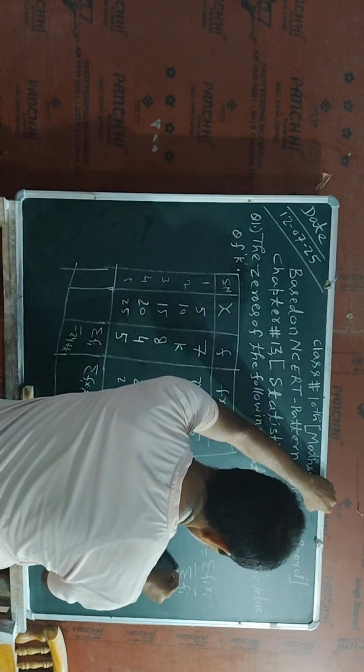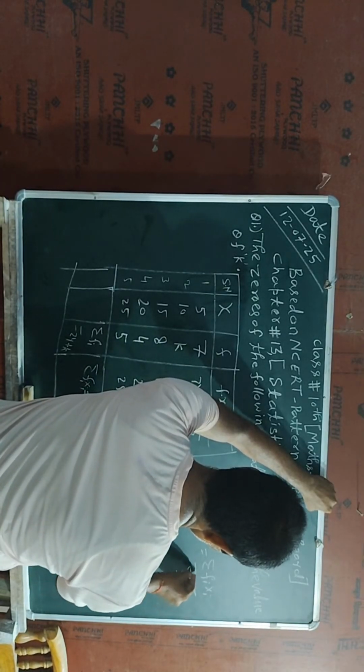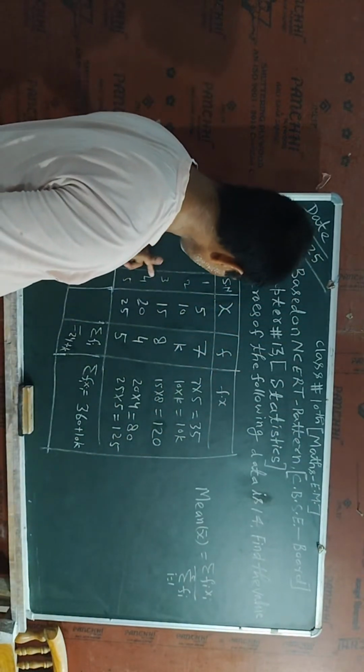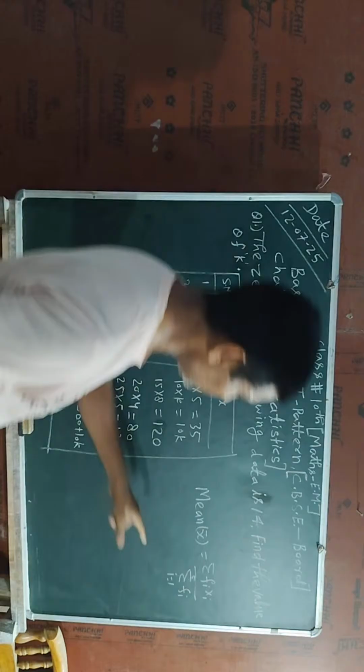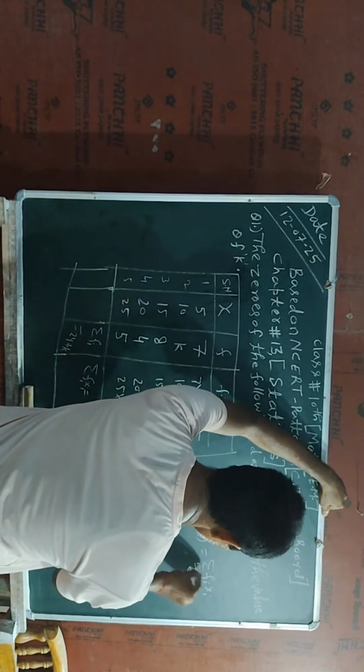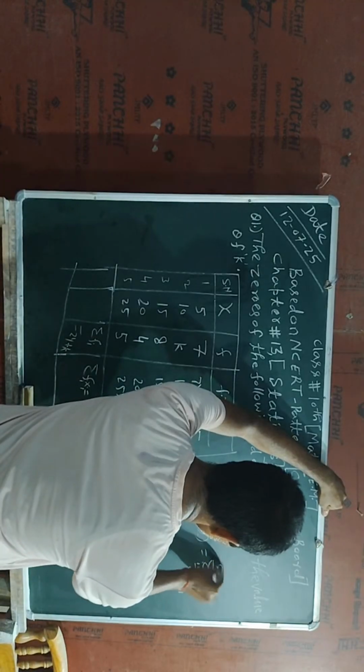But here i is equal to 1 to 5, because here 1, 2, 3, 4, 5 is available, so i starts from 1 to 5. Therefore here I will also write i equal to 1 to 5.